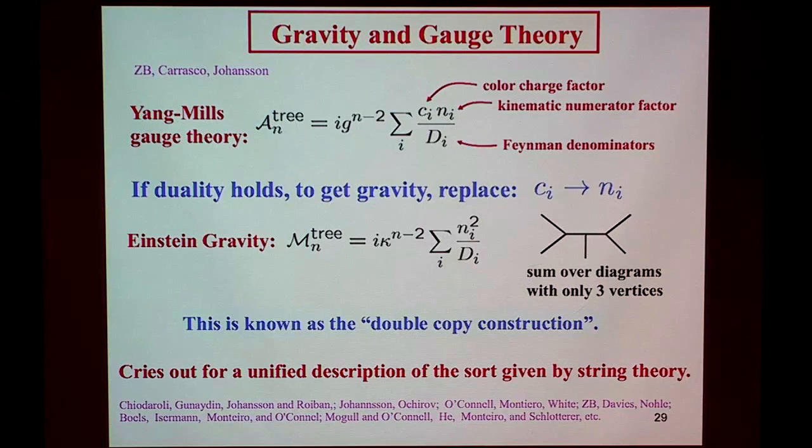Because it turns out that if you line things up so that you take your Yang-Mills theory, you take a set of diagrams, and you arrange things so that this duality holds, so the algebra of the color and the algebra of this kinematic numerator, there's something called Feynman denominators.